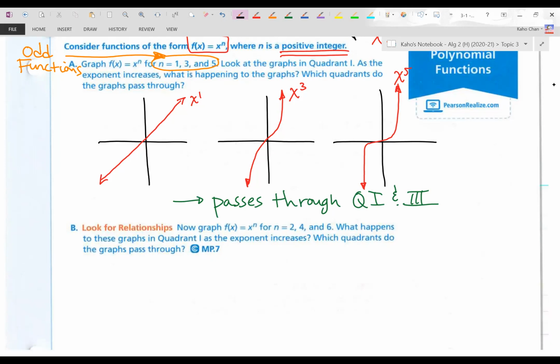What happens if we change the positive integer to an even number? Let's take a look at that possibility. They're literally called even functions.